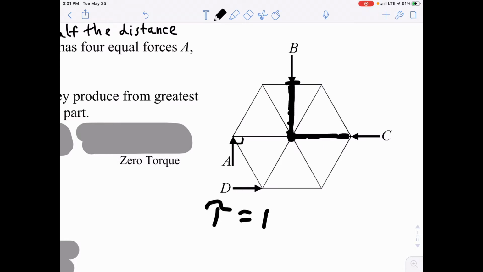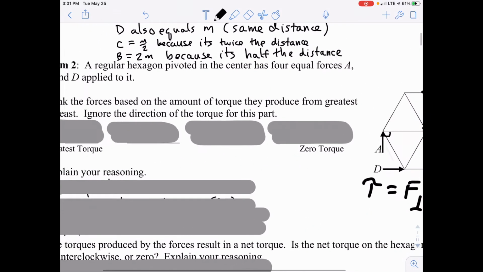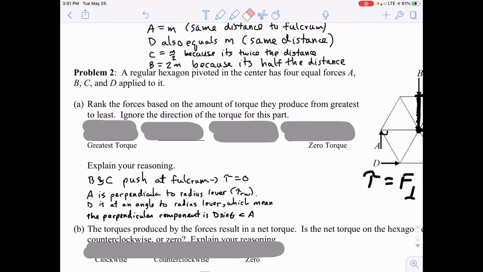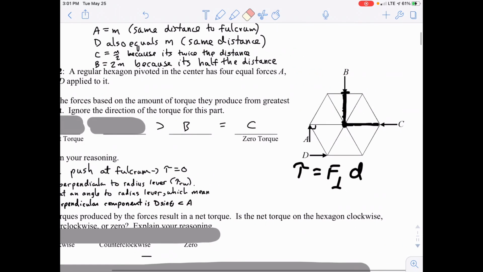Torque is a perpendicular force times distance. Parallel forces do not do any torque. So the least amount of torque in this problem are B and C. Both B and C essentially produce zero torque, so they're the least.